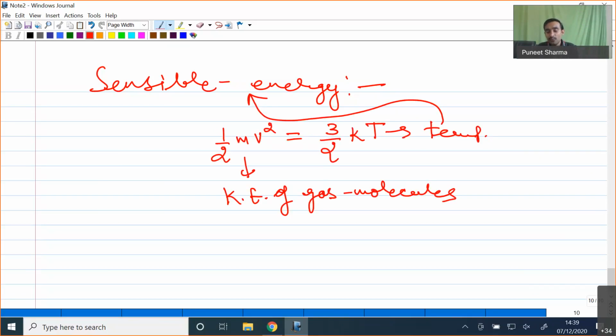So if the temperature of the system is increasing, indirectly it is caused because of the sensible energy. So it means sensible energy is increasing. And if sensible energy is increasing because of the increase of temperature, ultimately we can say that the kinetic energy of the gas molecules has increased. So is this point clear?